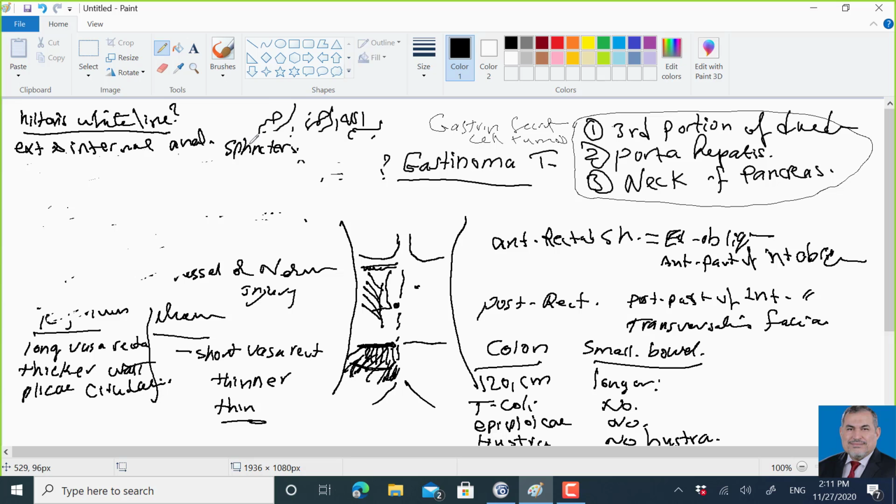What's the space of Riolan? This is the colon, and this is the middle colic artery branch.